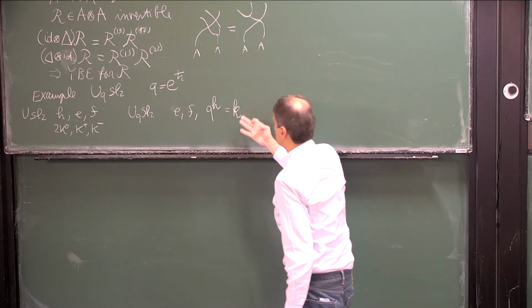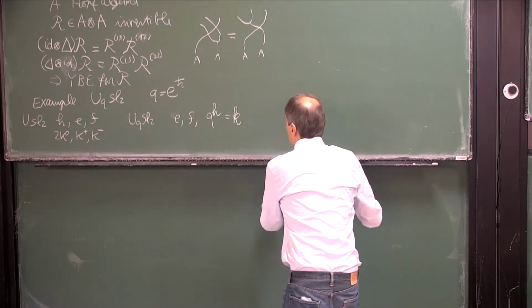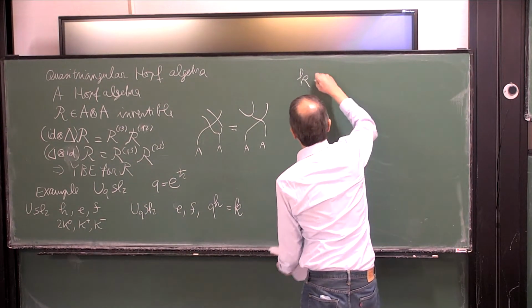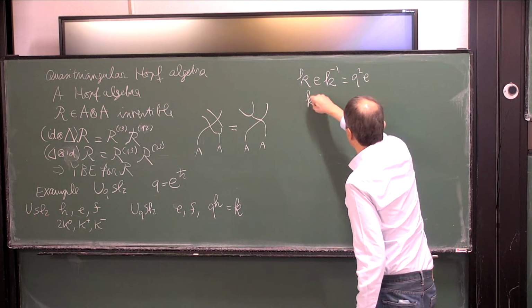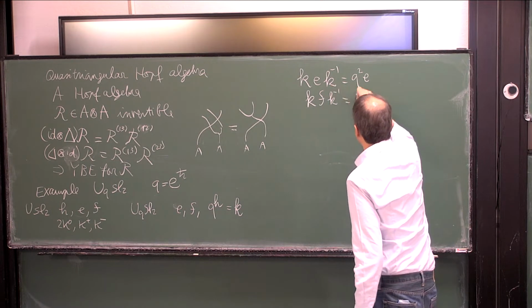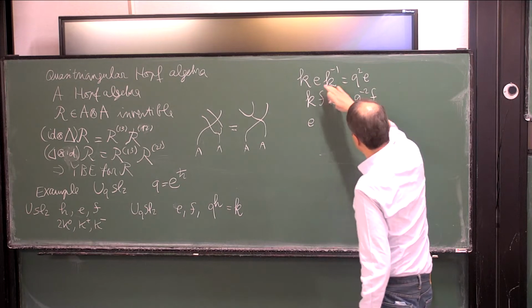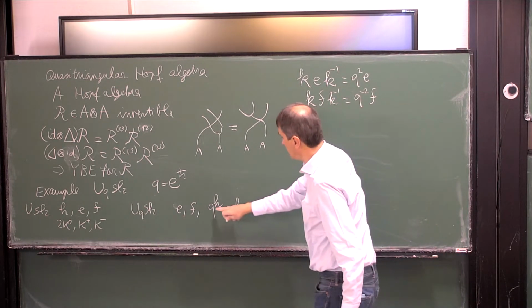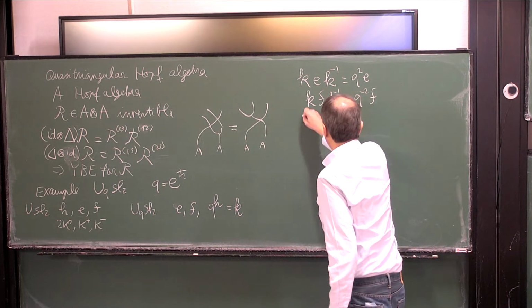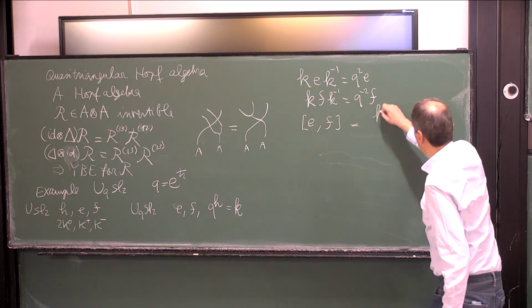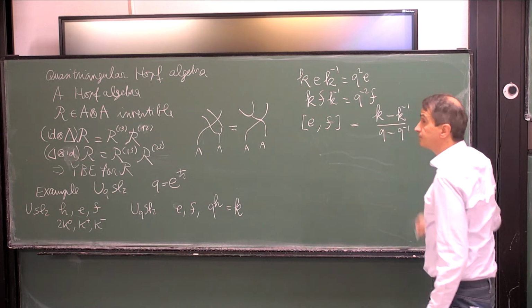Some symbol for generator K, and the relations are deformed, so you have K E K inverse is q squared E, K F K inverse is q to the minus 2 F, and the commutators, and this would follow from the usual relations if you write K equal to q to the H, and then the commutator of E and F is q-deformed, so you have K minus K inverse divided by q minus q inverse.